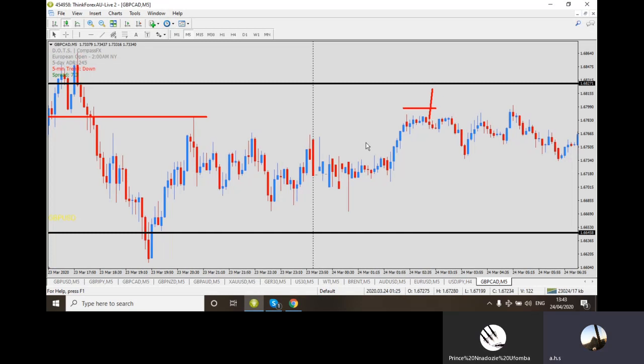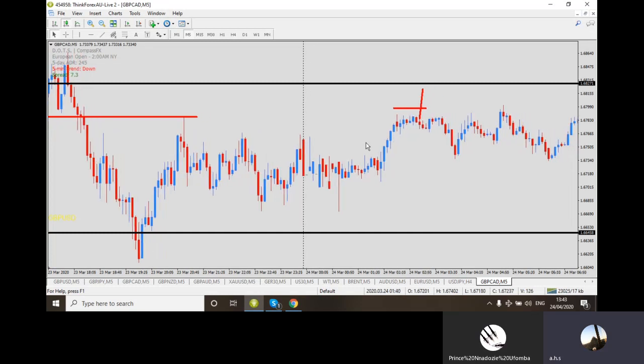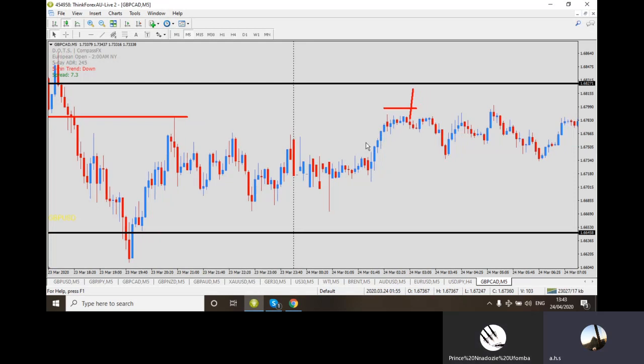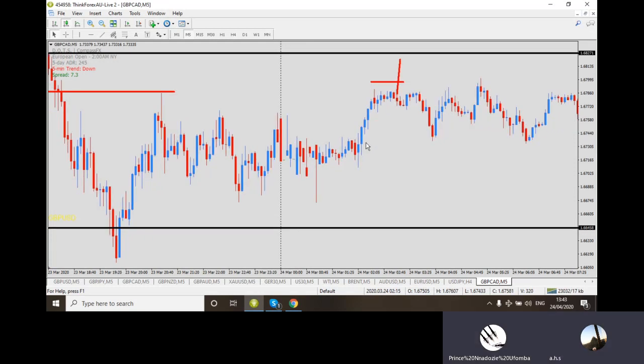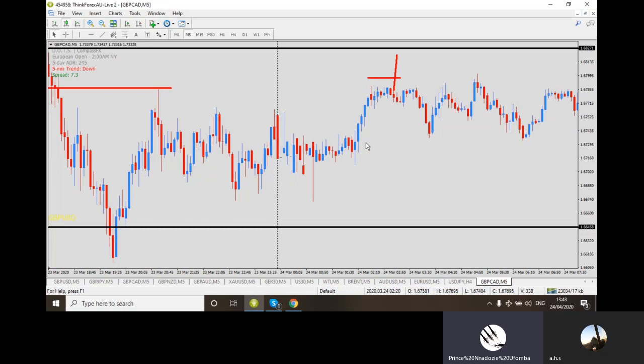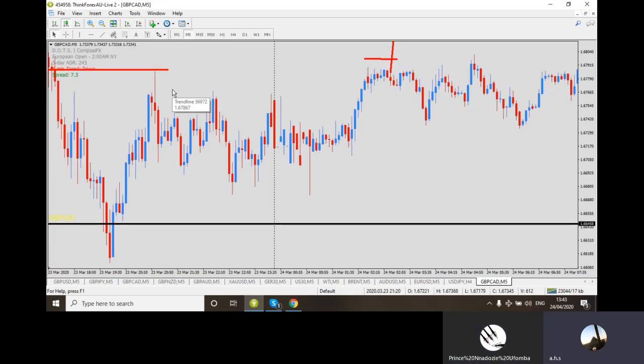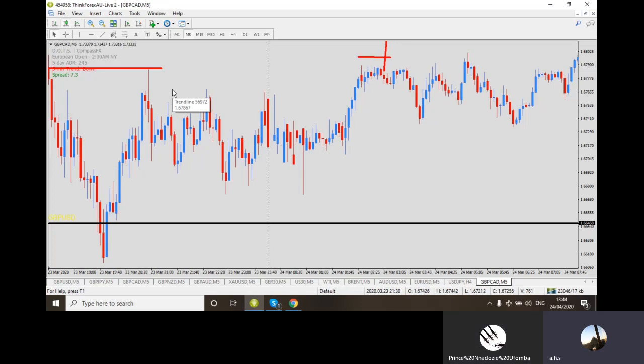I've got a little support level just there, but I'm going to leave that. Do you see? It might extend to the new support level, the new resistance level, I mean to say. This one? Yes. No. Once it's out of the chart, I'm going to no longer consider it. It's a minor support and resistance.